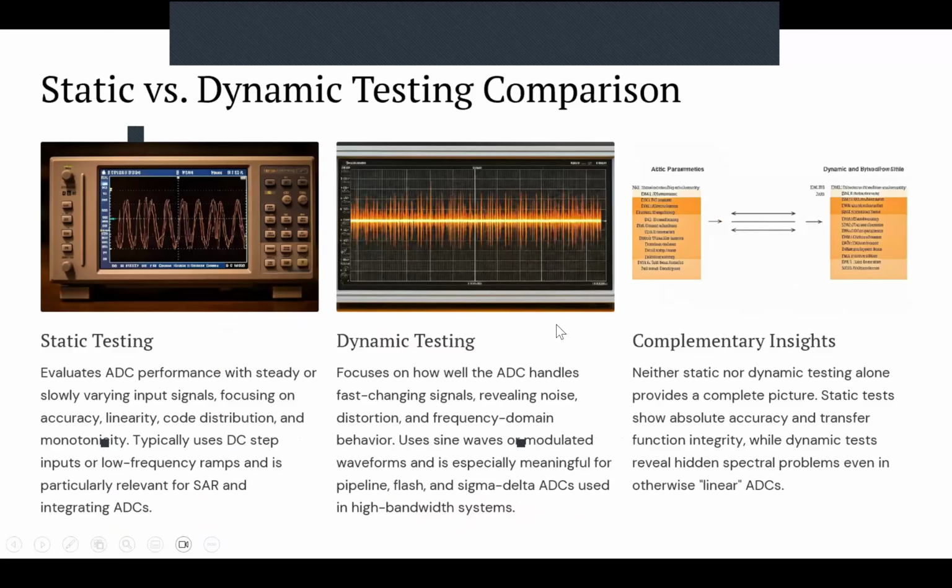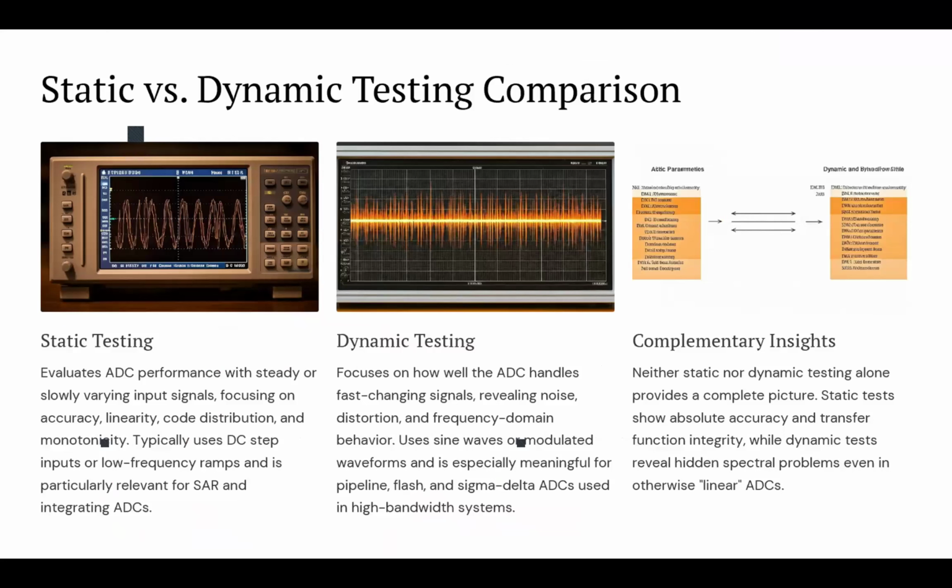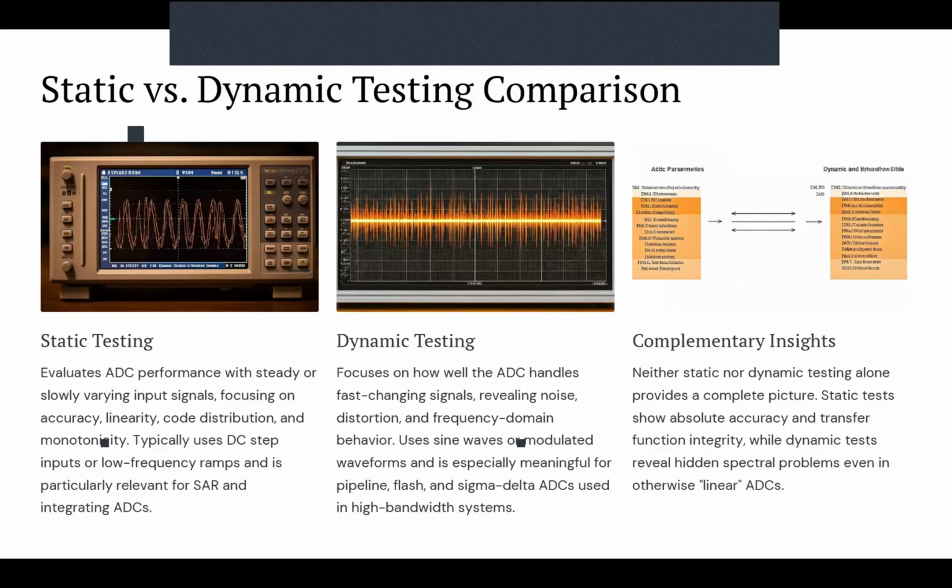Now that we have defined static parameters and dynamic parameters, we have to talk about what the differences are. What is the comparison of static versus dynamic testing? We already know that the whole testing procedure of an ADC is categorized into two: static and dynamic testing.